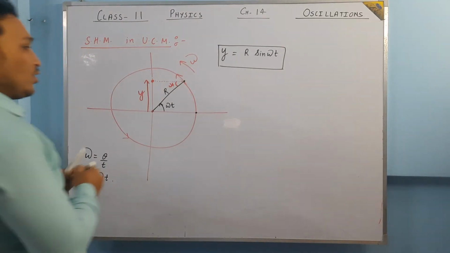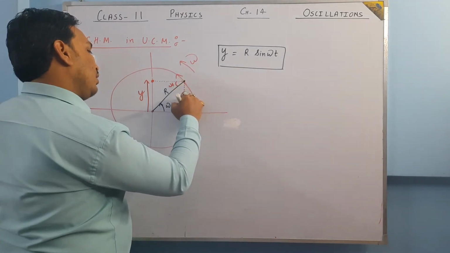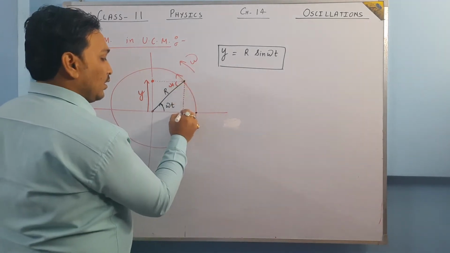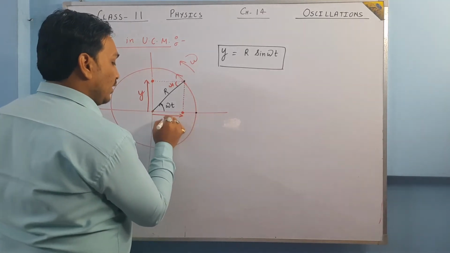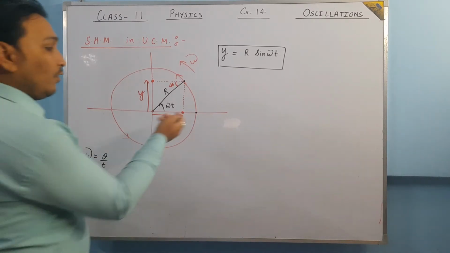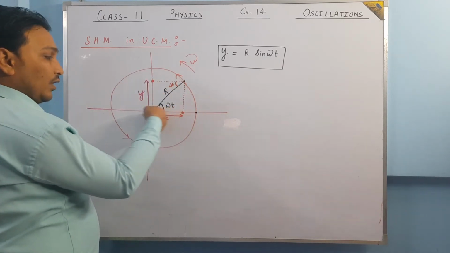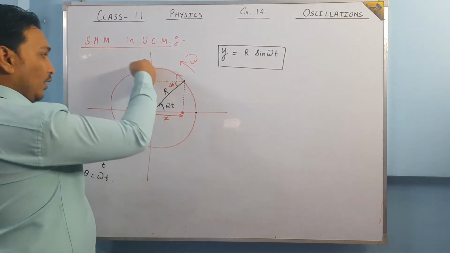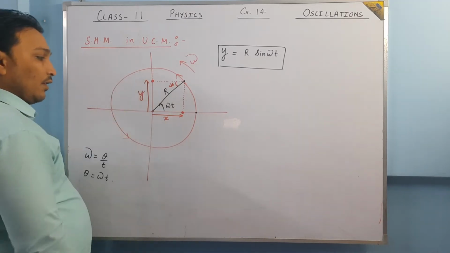Suppose I take the projection on the x-axis. So this is the projection. From here till here, let that distance be x. Now again, if the particle is moving from this side, its projection on the x-axis is moving this side. When the particle goes that side, its projection on the x-axis moves this side.